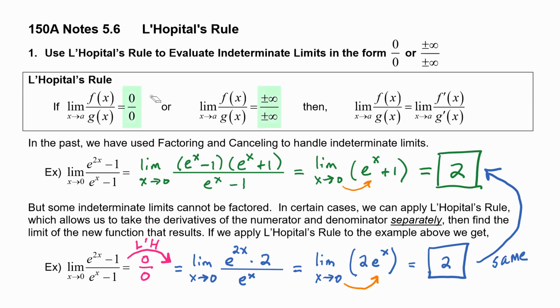So when you have a limit that's in the form of 0 over 0, or plus or minus infinity over plus or minus infinity, then you can apply L'Hopital's rule, which says take the derivative of the numerator separately from taking the derivative of the denominator, and then perform the limit on that new rational expression.